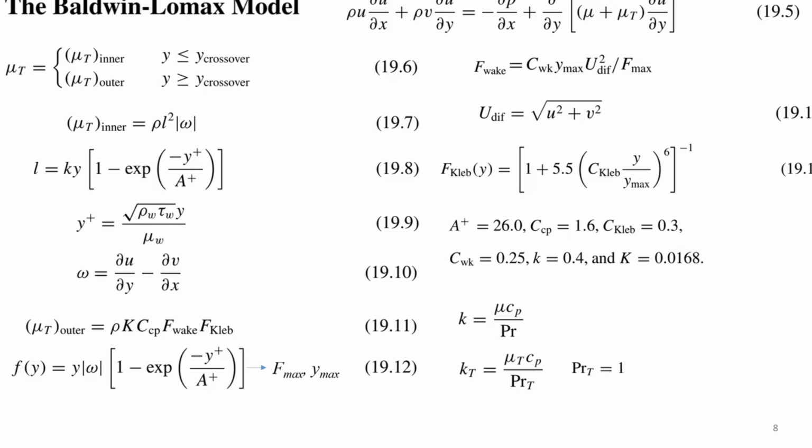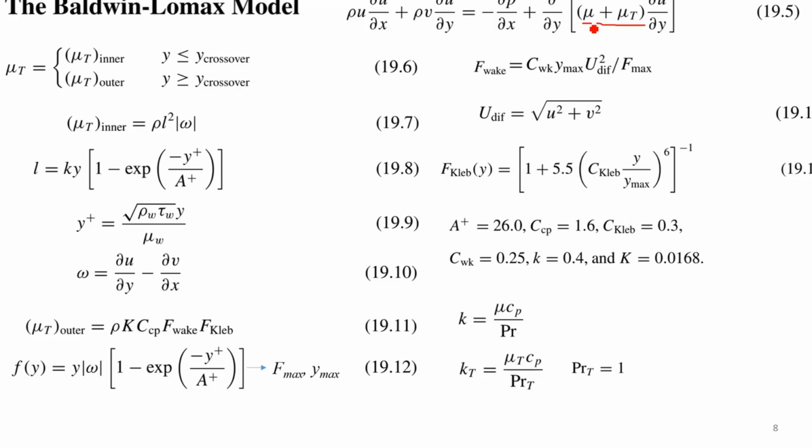As you might see here inside equation 5, we have the sum of mu, which is dynamic viscosity or viscosity coefficient, plus mu T, which is a turbulent viscosity calculated by the Baldwin-Lomax model. Mu is called molecular viscosity, the viscosity of gas which is always present.